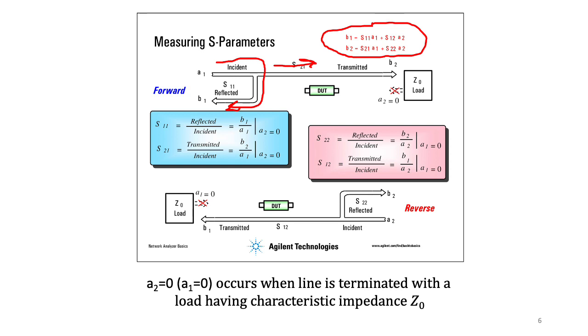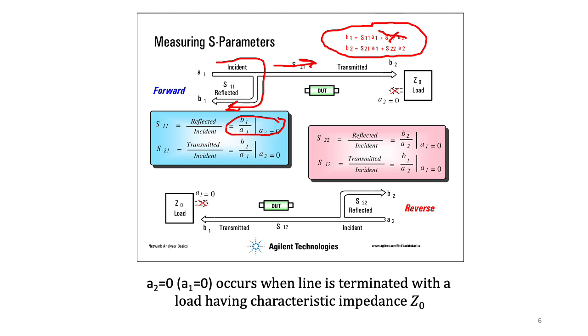So S11 is the reflected wavefront divided by the incident wavefront, and that is determined by looking at B1 over A1 when A2 is equal to 0. So if I set A2 equal to 0, we get a similar equation to what we have with impedance parameters, only now we're looking at incident and reflected wavefronts.